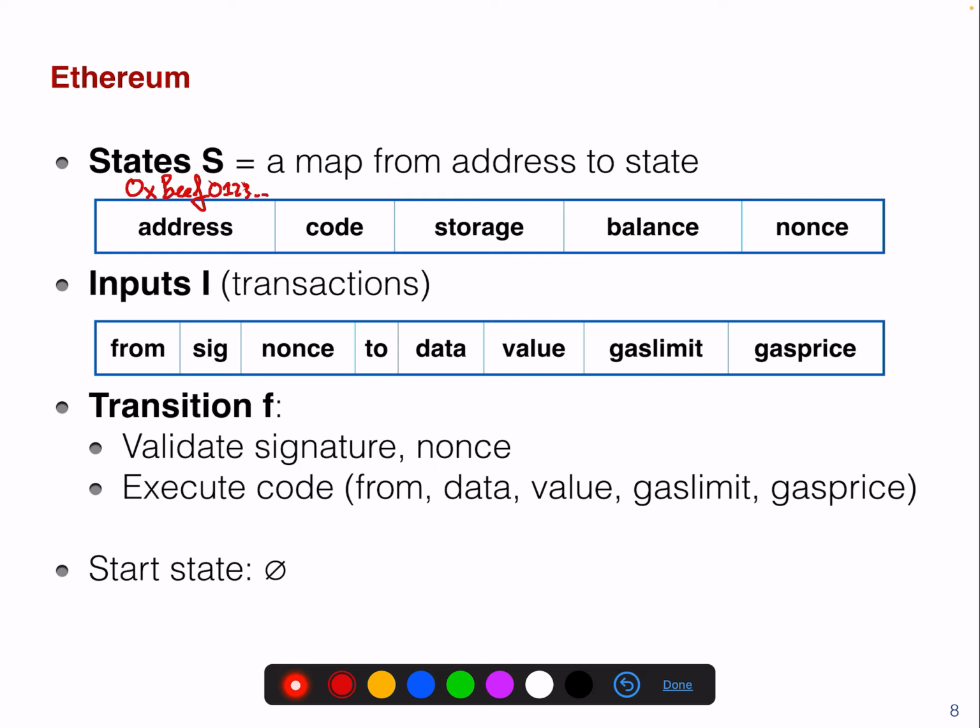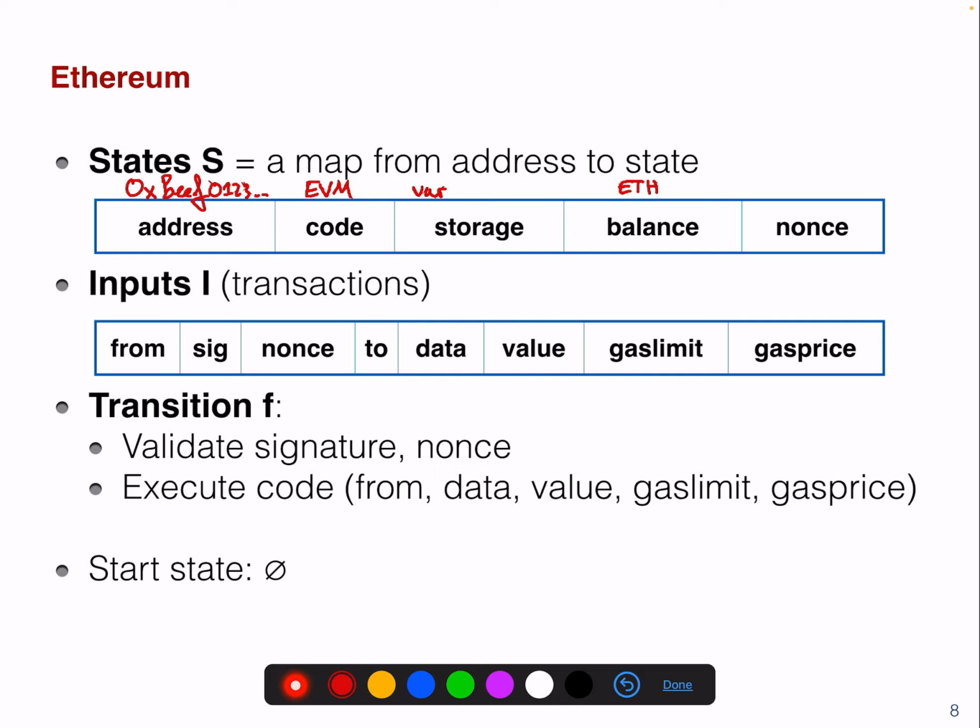And this address in particular has then basically some state, so it can have code. So this is EVM bytecode. It can have storage, so these are variables basically that you can store. It can have a balance, and this balance has to be denominated in Ether, because that's what the Ethereum blockchain wants.